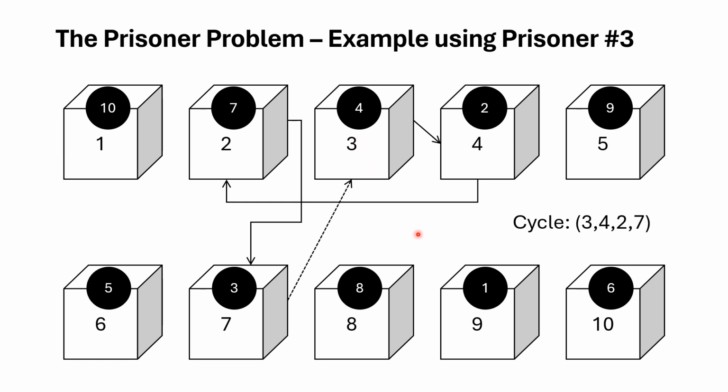So there can be multiple cycles in here. This one here was of length 4. If prisoner 8 went in, then he would get lucky because that's of length 1, right? There's the cycle of length 1, and then there's yet another cycle in here which I'll talk about.